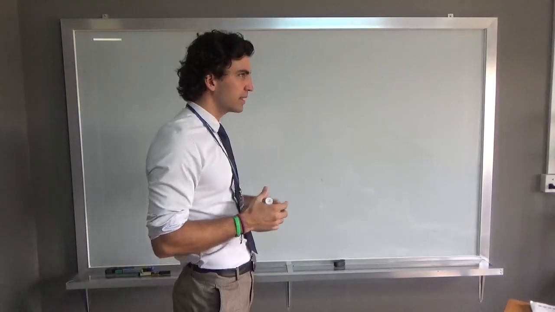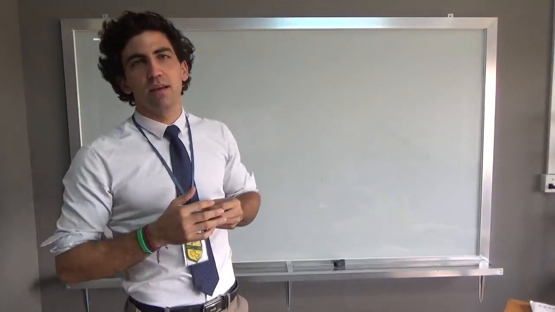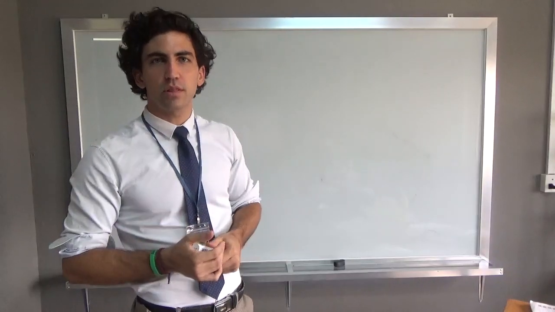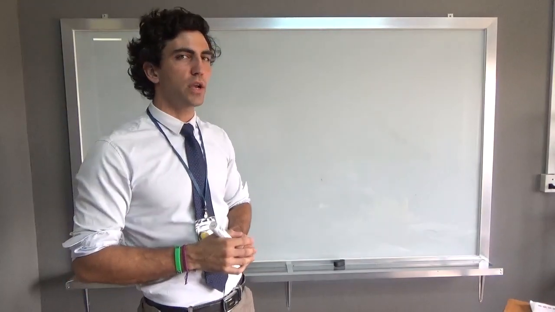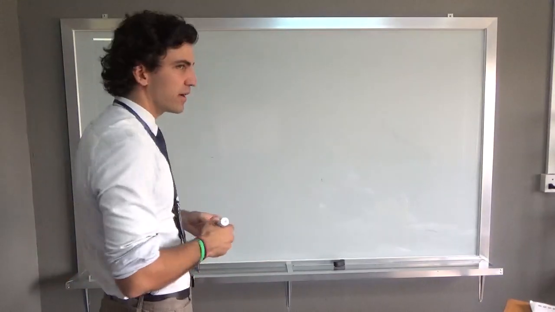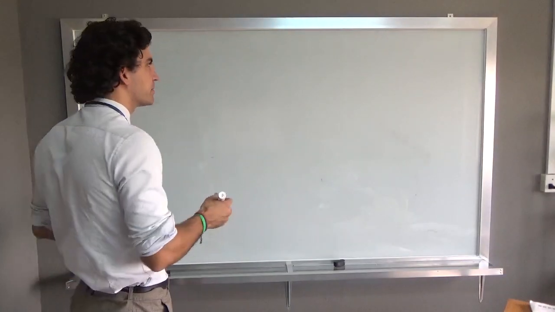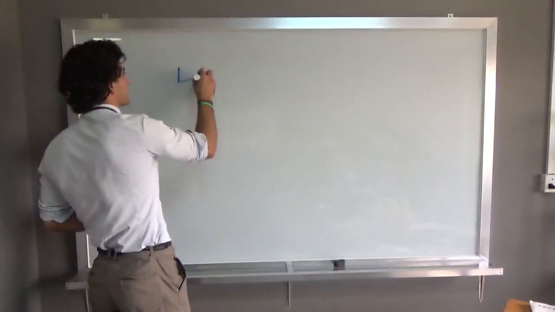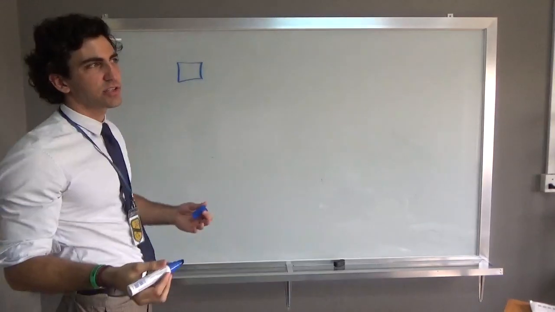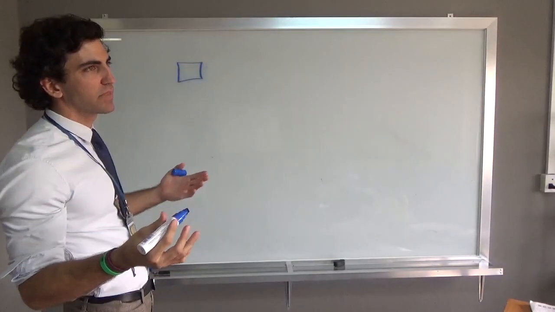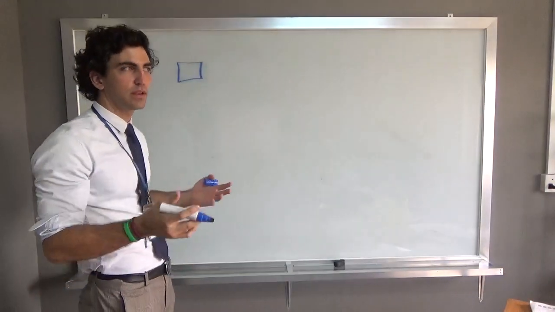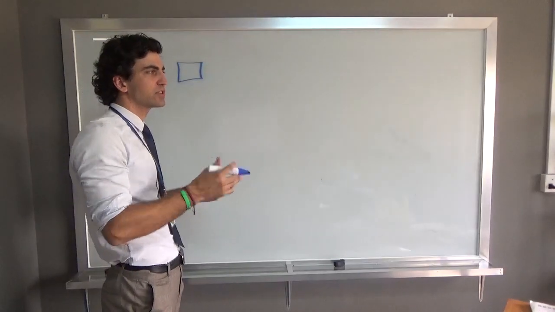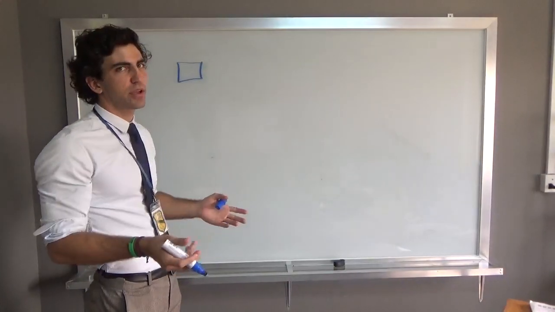So, I just want to begin by reviewing what we learned yesterday about square numbers. We find those by imagining there's a square, and we imagine it has side lengths that are equal to each other. And then we say that the result is like the area.